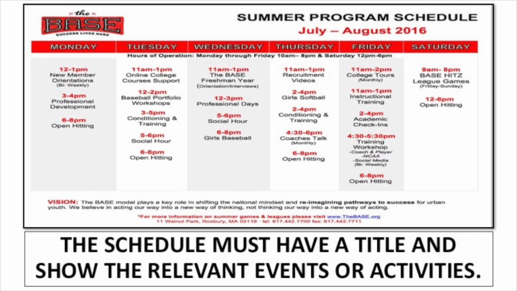The schedule must have a title and show the relevant events or activities. Yes, even like the daily program we did earlier, it had a title. We gave it the date. Even if the title is only the date, it tells us what's happening on that day.